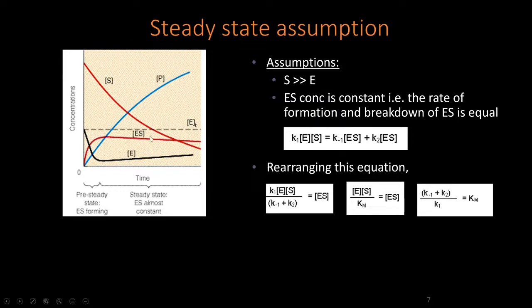So if we have an inhibitor against the substrate, then we will have competitive inhibitors. If we have it against the ES, we will have something called uncompetitive. If we have a mixed or non-competitive, we have it partly against substrate and partly against ES.